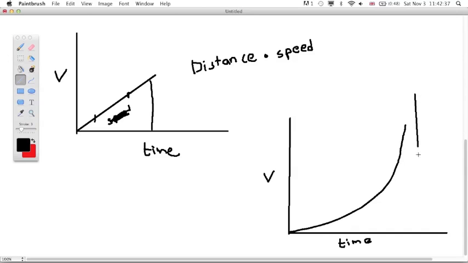But that point never happens, because this graph never gets parallel with a straight line like this one. It'll get closer and closer to being parallel with this line, but it will never get to this line, because that means it's an increase in speed. So it keeps increasing its speed over time, and once it does that, it means it's traveling more and more distance, and it's covering the distance at a really high rate.